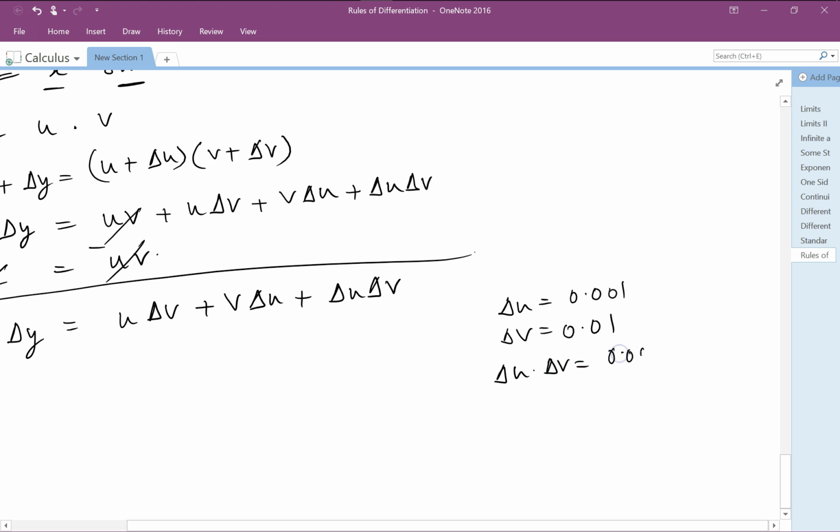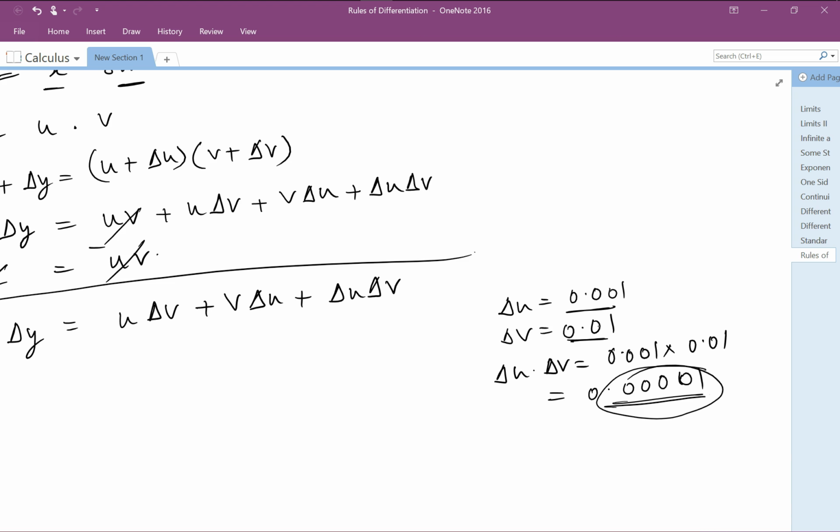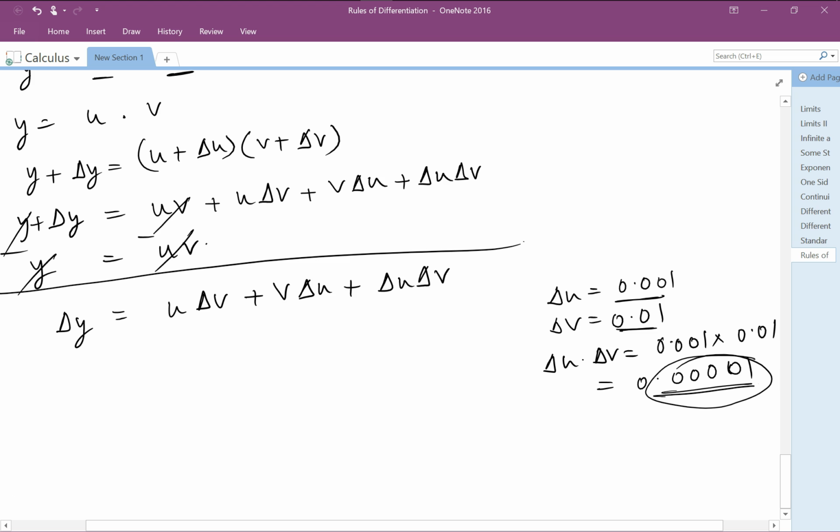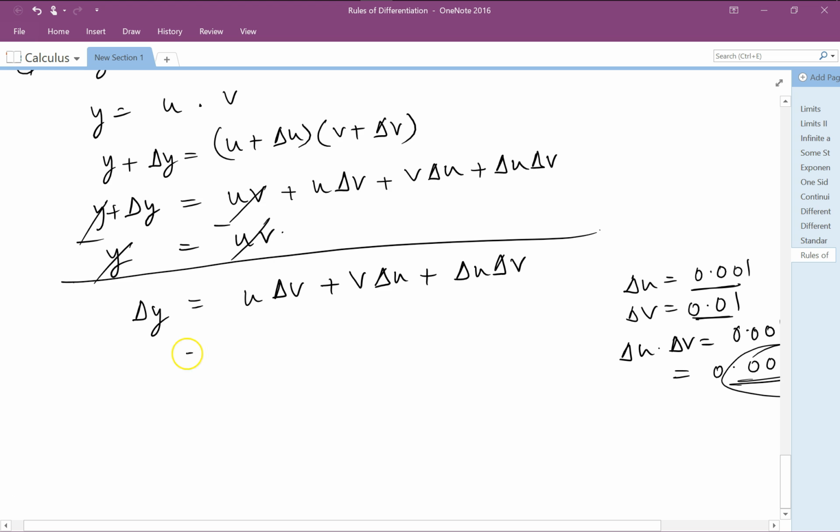It will be 0.00001, which is, now if you look at this and look at these two, this is very small when compared to these two individually, right? Since it's very small when compared to the other two, we can ignore it. So we can say it is as good as equal to 0. So we are left with a 0. So we don't even show it.